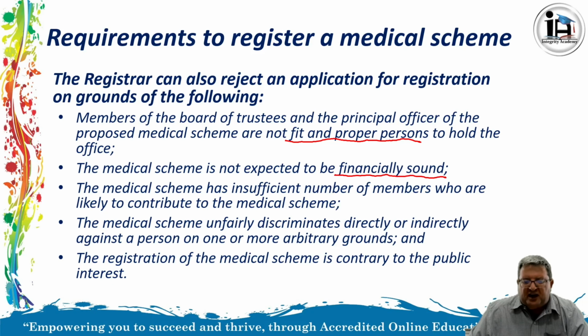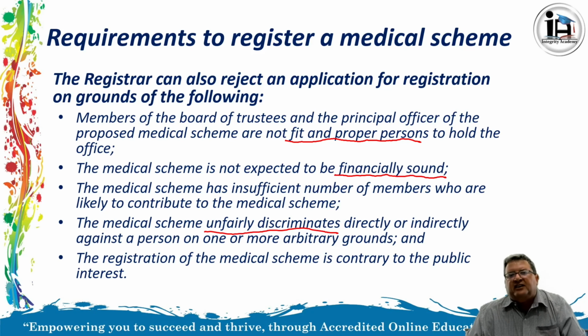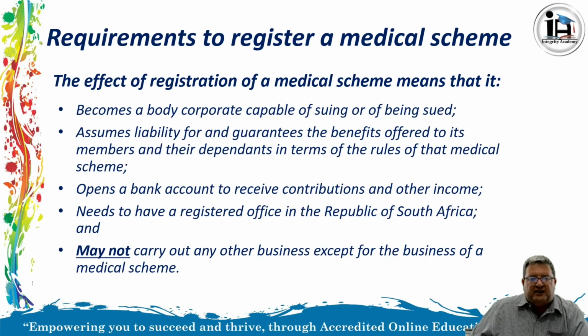So if you unfairly discriminate and you said, I only want healthy people under the age of 30, they're going to reject that as well. And the registration of the medical scheme is contrary to the public interest. So yeah, those might be reasons.